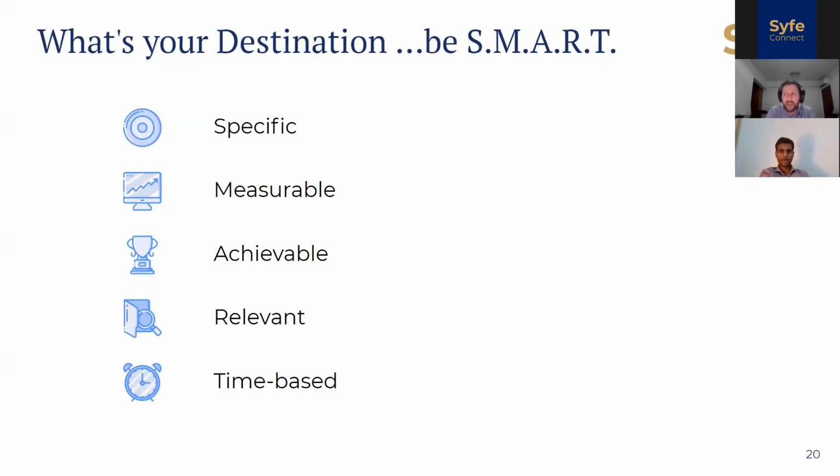You should really plan your investment journey with the end in mind. So what do we mean? Specific: your goal should be clear, have some detail, and explain what you're going to do and how you're going to do it. Measurable: your goal should be tangibly measurable, to determine how successful or how on track you are to your goal.